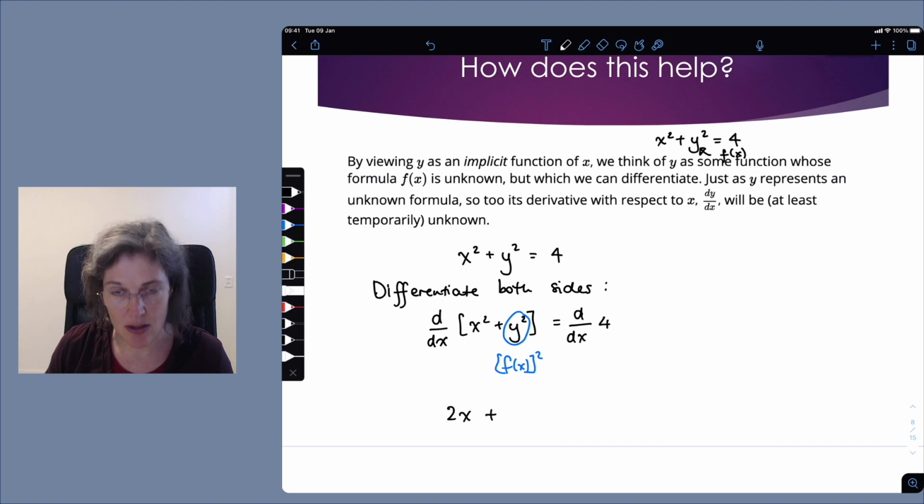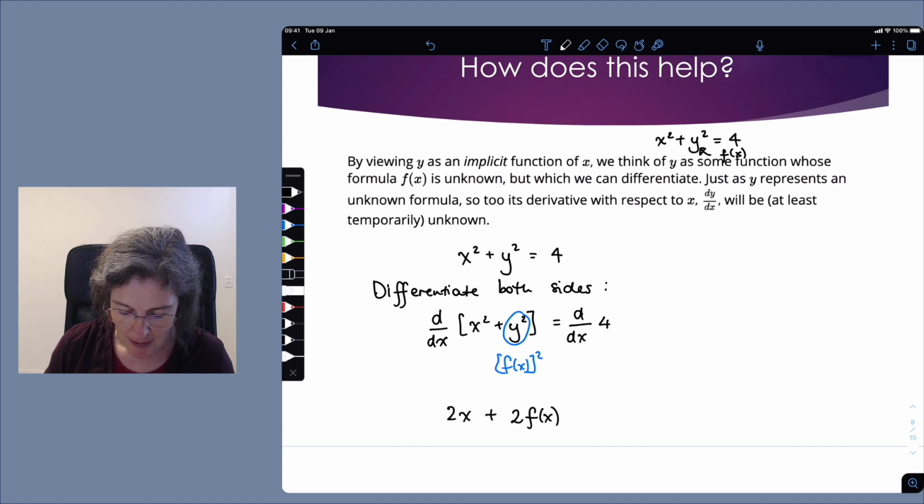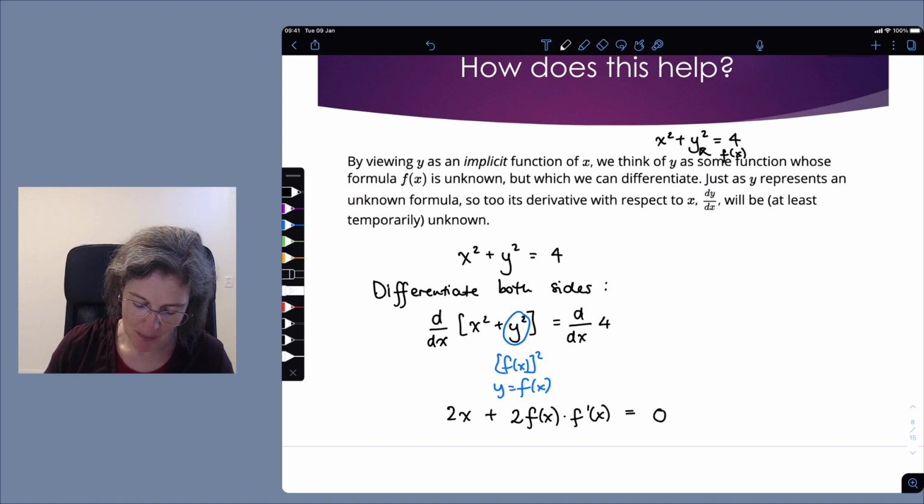And now we're going to take the derivative of some unknown function, which is squared. So that's going to give us 2 times that unknown function. And then we need the derivative of that function. So I'm keeping it in the f notation just to emphasize the fact that we're thinking that y is equal to some f of x. And then finally we need the derivative of 4. As we just figured out, the derivative of a constant is 0.